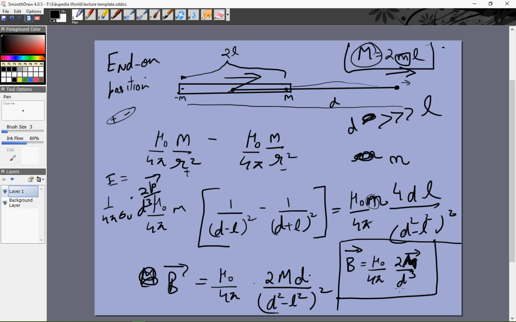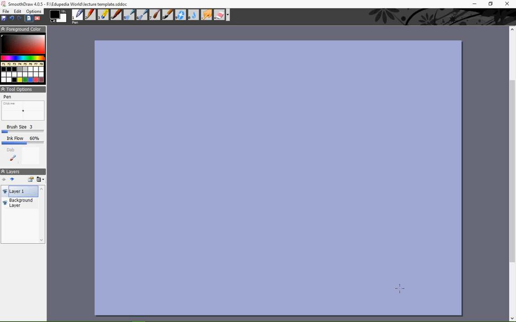Let's look at the broadside zone position now. Let's say this is 2L, minus M is here, plus M, and we would like the magnetic field a distance d away from the center. So we'll calculate the magnetic field due to each and add them up.